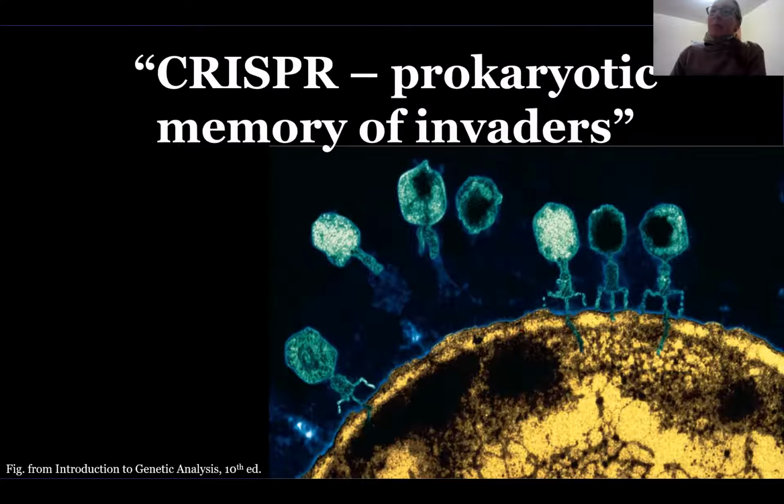And bacteria has to fight against phages. Basically, it's like an evolutionary arms race between bacteria and phages. And therefore, bacteria developed many different systems to fight against phage infection. One of those systems is CRISPR.